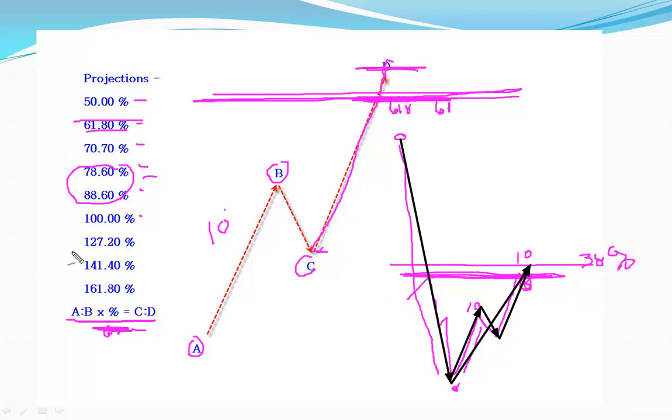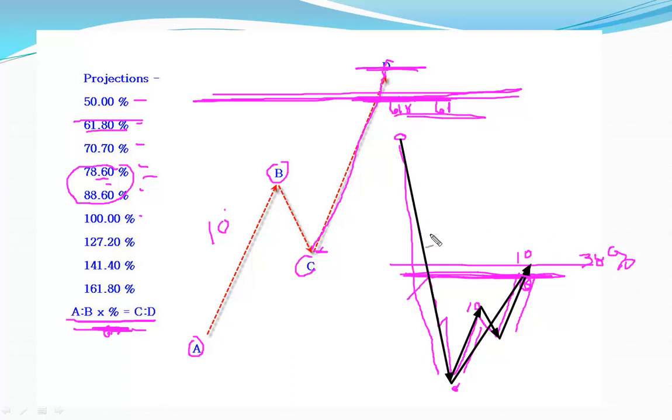So again, you're still looking at that A to B times 786, 886 would equal that C to D leg, you see? You want to be careful when you're looking at this, because a lot of times in books or out there in the marketplace, people call that a measured move. And although, yes, typically it's called a measured move, it's not really a measured move all the time. Sometimes you'll fall short, maybe at a 618.